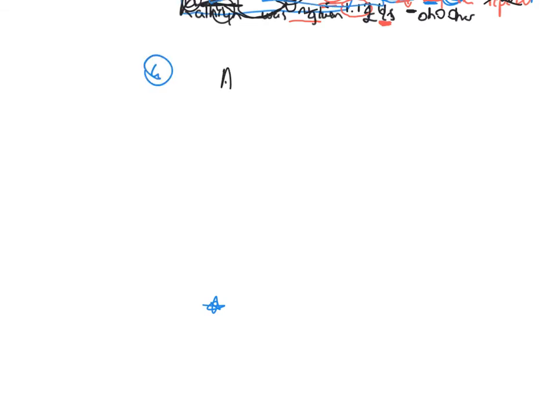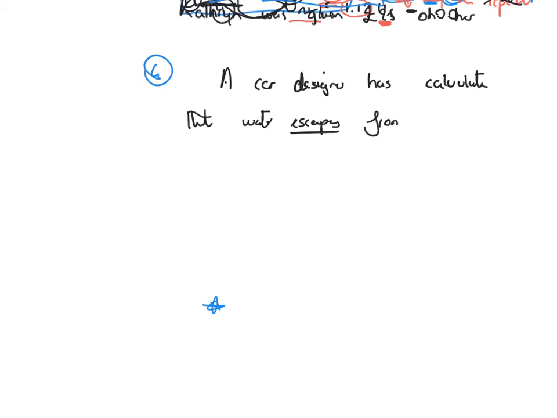Okay, let's try another question. A car designer has calculated that water escapes, it's probably a keyword, okay, escapes, from the engine's cooling system at a rate of 10% per month.